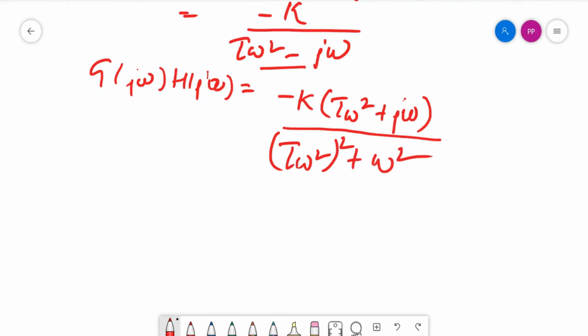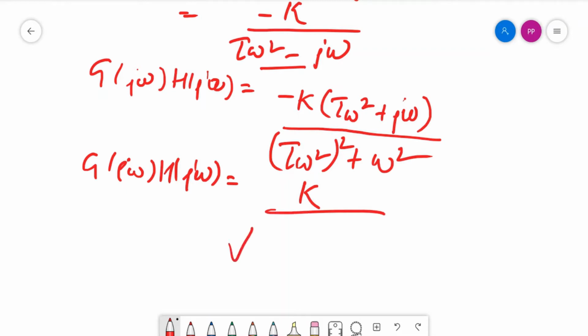Again, G(j omega)H(j omega) should be equal to K divided by square root of, I am writing omega square first, then the tau omega square term. If we want to take the magnitude, the numerator magnitude will be square root of omega square plus tau omega square whole square.